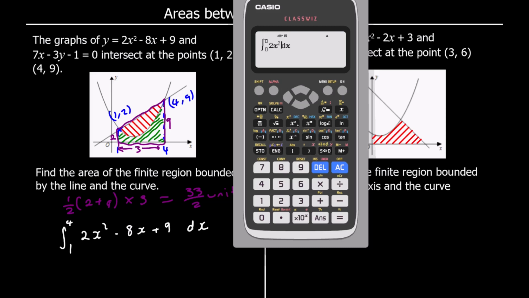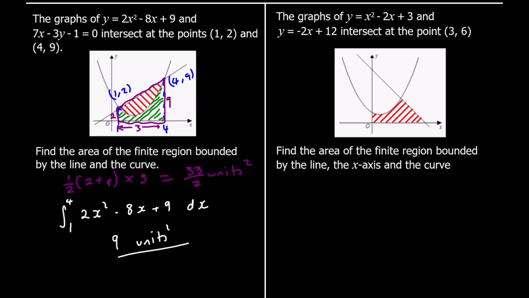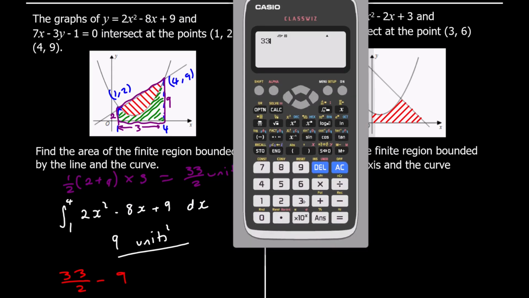So we've got 2x squared minus 8x plus 9 between 1 and 4. So that's got an area of 9. So that's 9 units squared. That's the green part. So to get the red part, 33 over 2, take away 9. And that's 15 over 2.